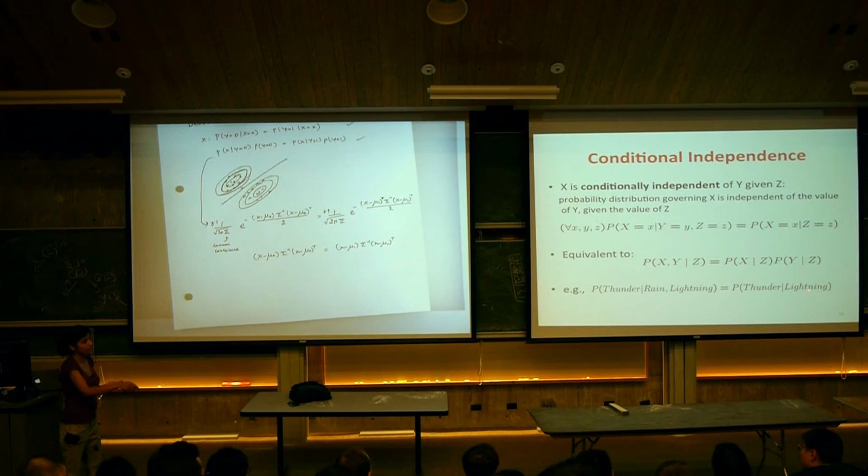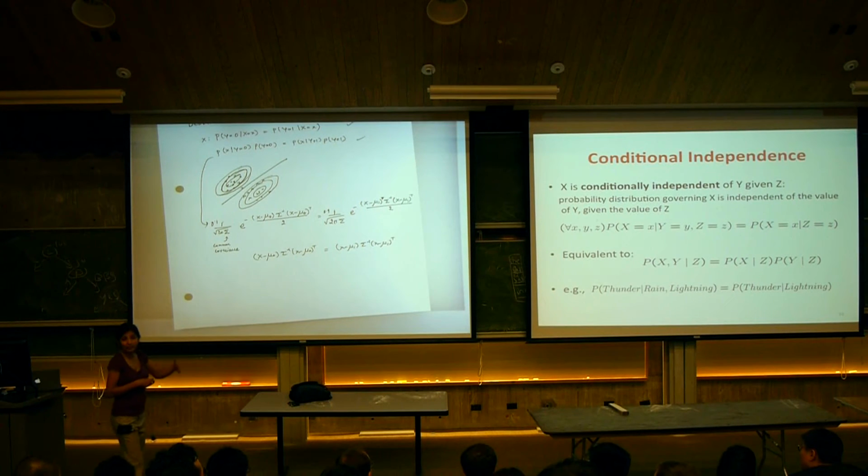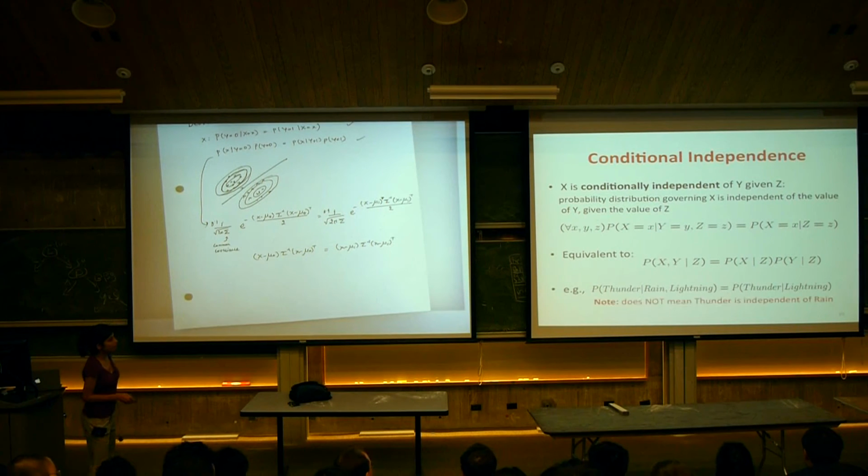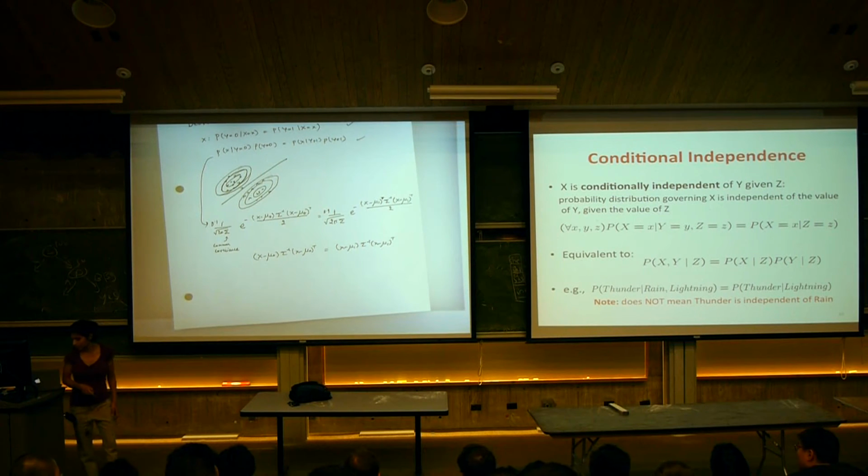Because whenever there's lightning, there is thunder, whether or not there's rain. That's usually the case. So thunder and rain are conditionally independent given lightning, but they are not marginally independent. Does that make sense? All right. So as I emphasized earlier, it does not mean that thunder is independent of rain, just that given lightning, you don't expect thunder to have any relation to rain.